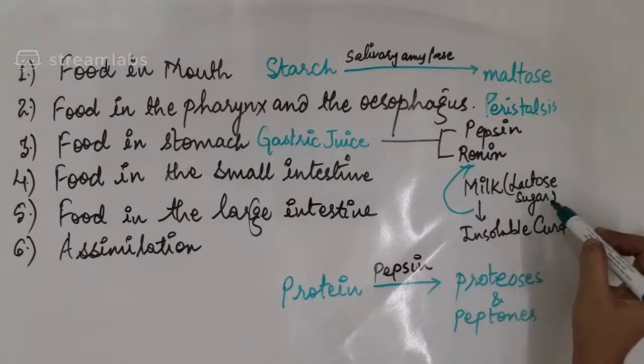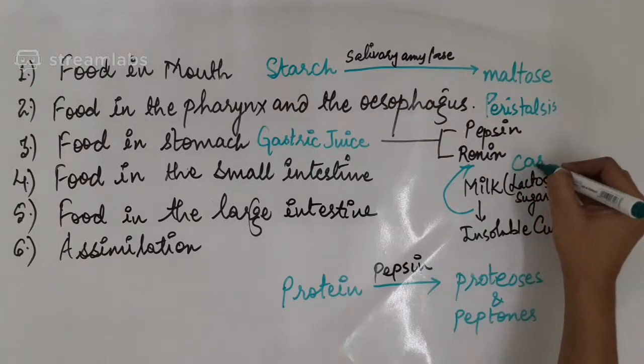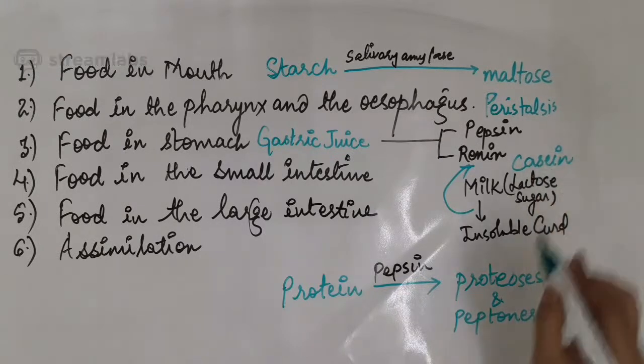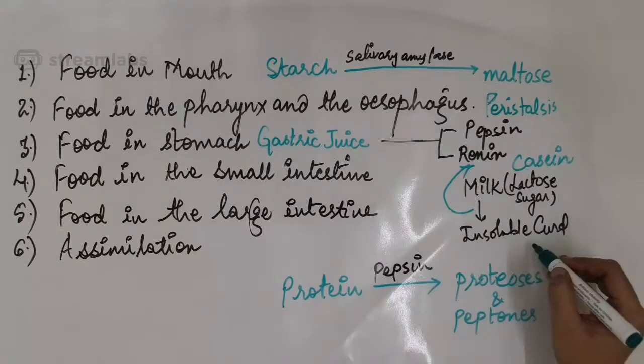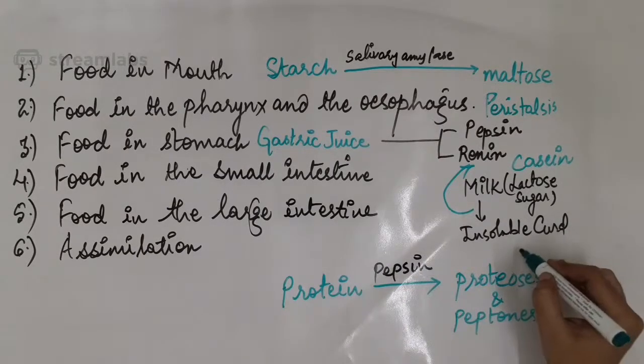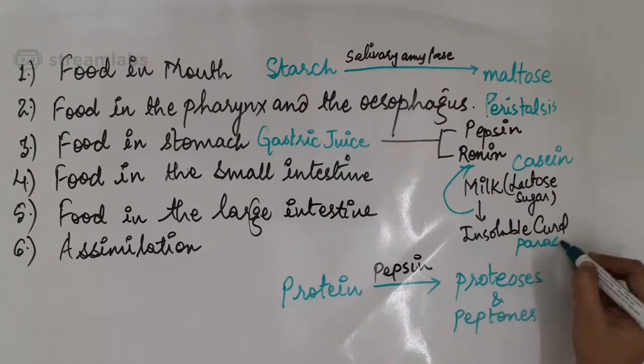And the sugar is lactose, and casein converts into insoluble curd or is called paracasein.